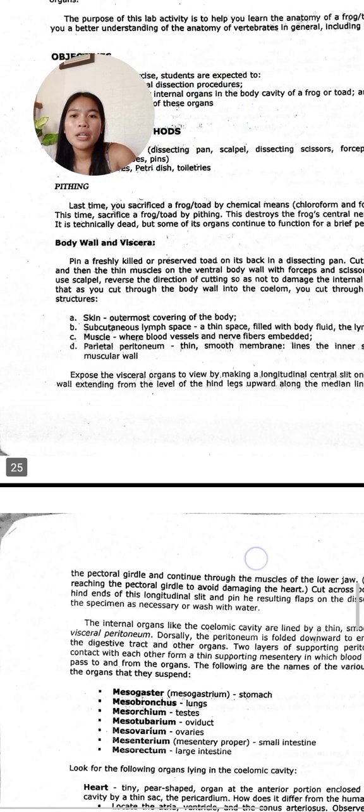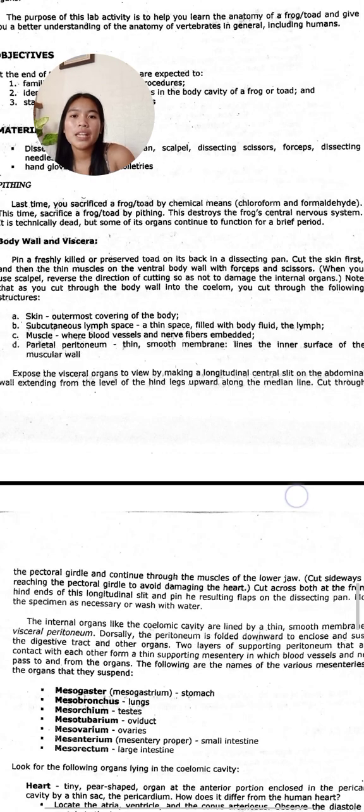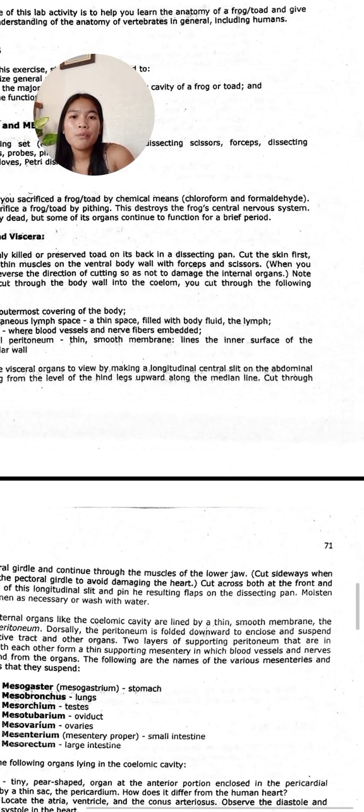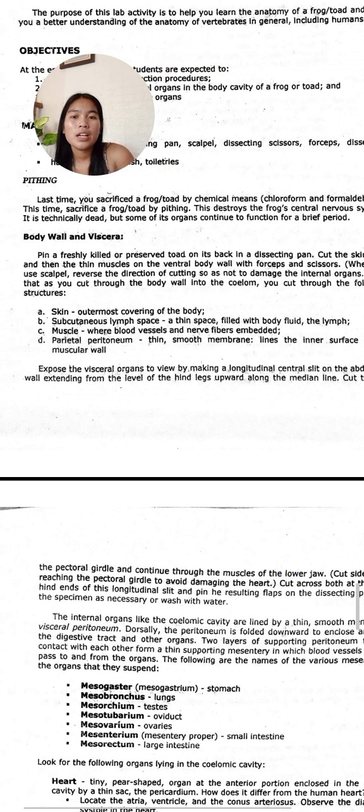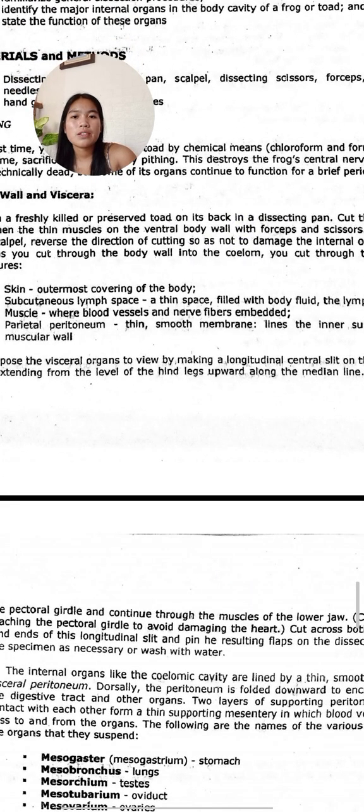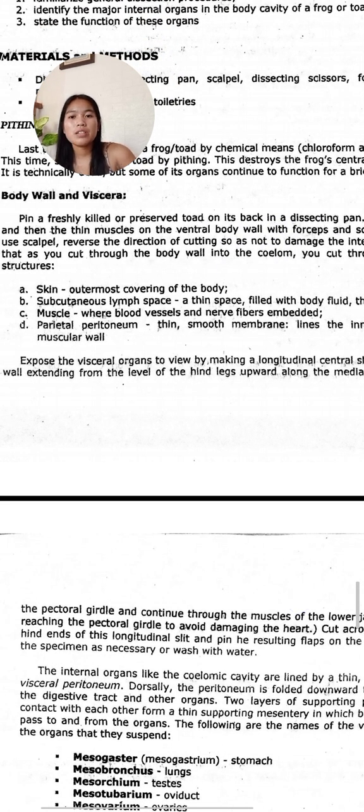Then note that as you cut through the body wall into the coelom, you cut through the following structures. What you cut is the skin. Then 1 is skin, 2 is subcutaneous lymph space, 3 is muscles, and 4 is the parietal peritoneum. So what do you mean by skin?